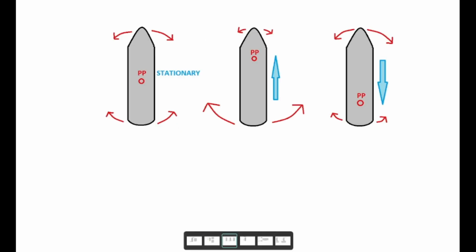The pivot point is constantly moving. As you can see with these diagrams, when a ship is stationary, often the pivot point will be in the center. And so that means that the bow, when that is moving to port or to starboard, the stern is moving at roughly the same amount. When moving ahead, the pivot point is forward of the ship, like in the first slide I showed you, and that means that the bow will move much less than what the stern is moving, because it is rotating along this position here.